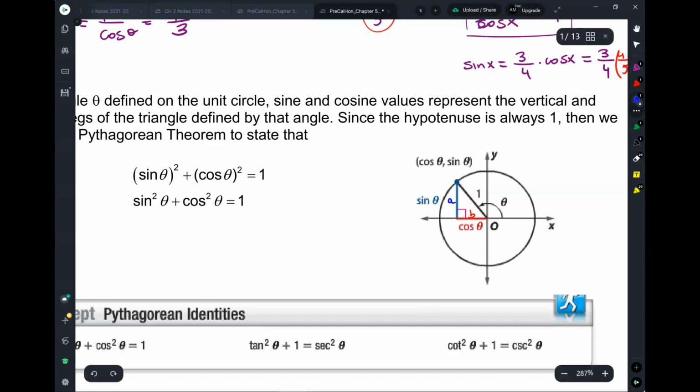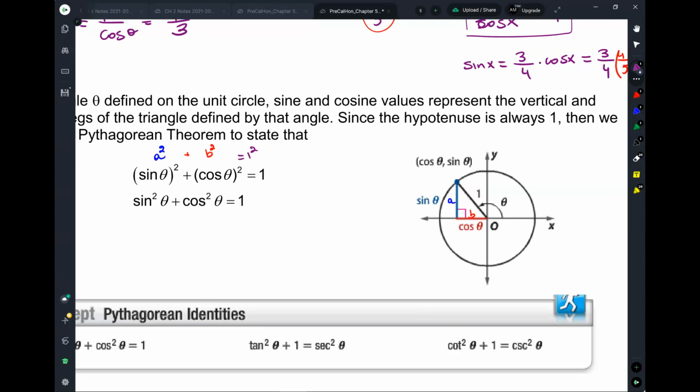So can I say that A squared plus B squared is equal to 1 squared? Yes, right? But now, what do I also know? That when this is an angle on the unit circle, the vertical side of the triangle is sine of theta. So for A, I can substitute sine of theta squared. For B, I can substitute cosine of theta squared, equal to 1.